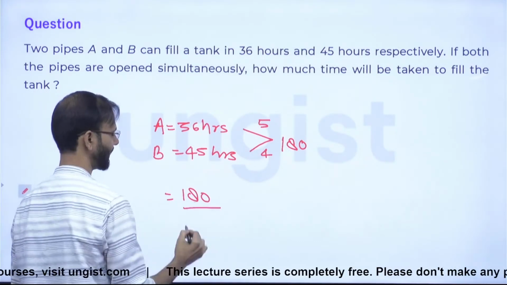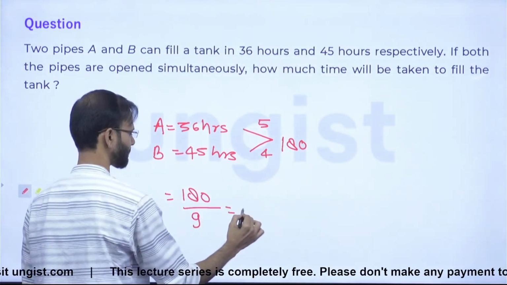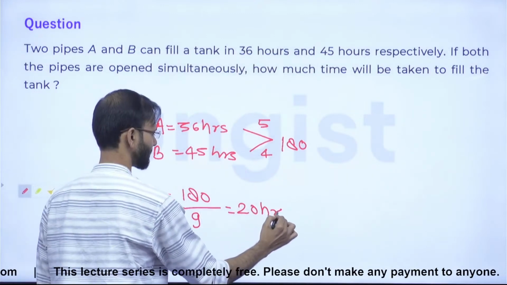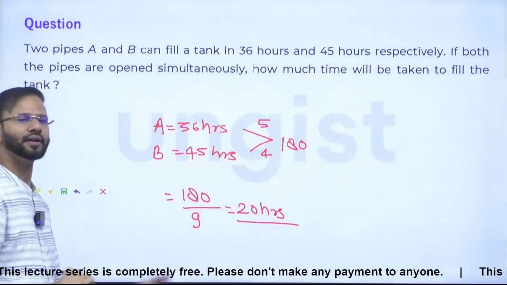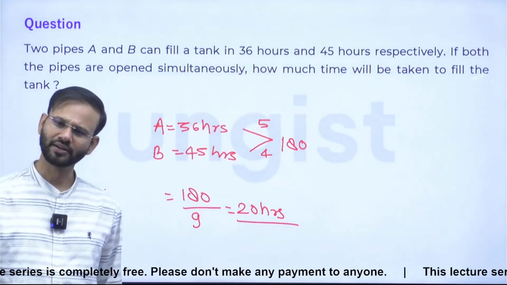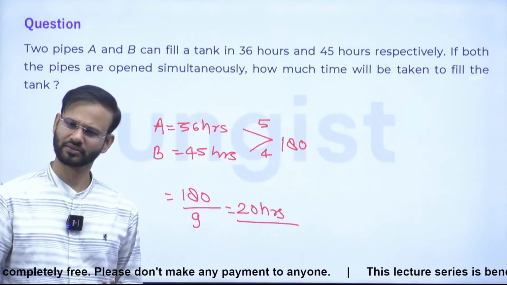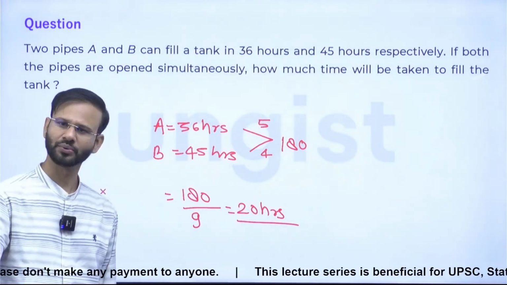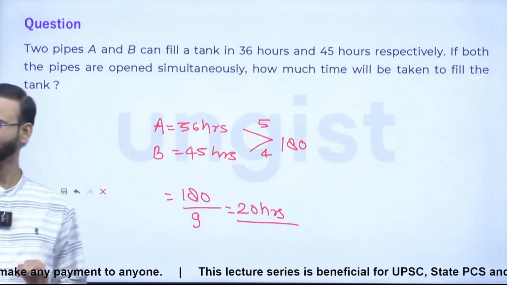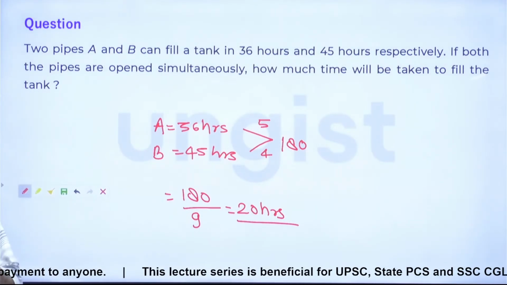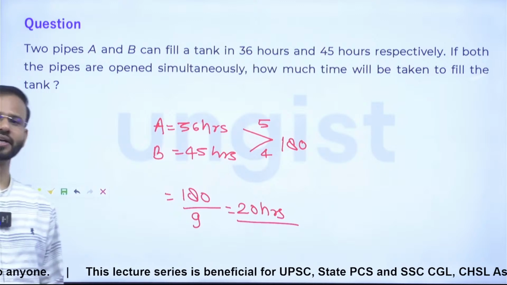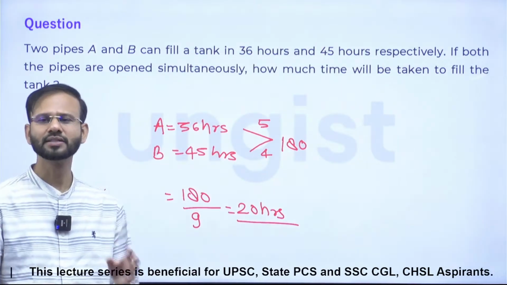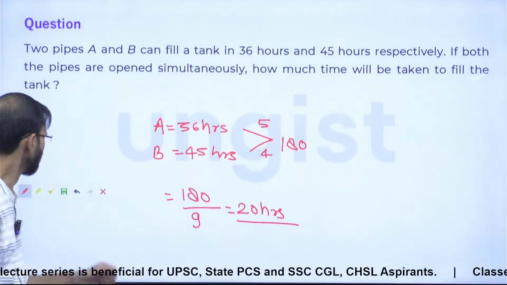So this is 180 divided by 5 plus 4, which is 9. So the answer is 20 hours. Everyone fine now, right? So this was a very simple question, and related to the previous topic also. Okay, fine. Now let's talk about some other questions where we have the concept of negative work also, where some leak is also there, right?